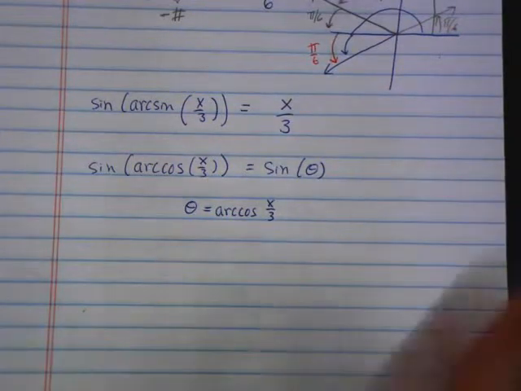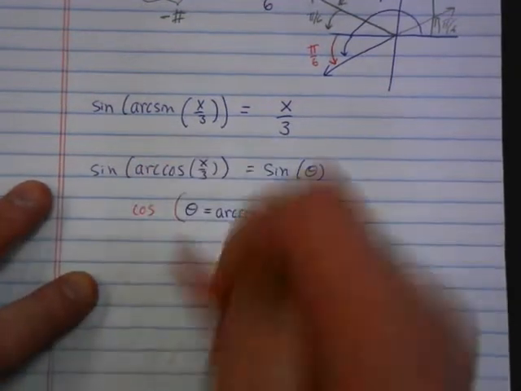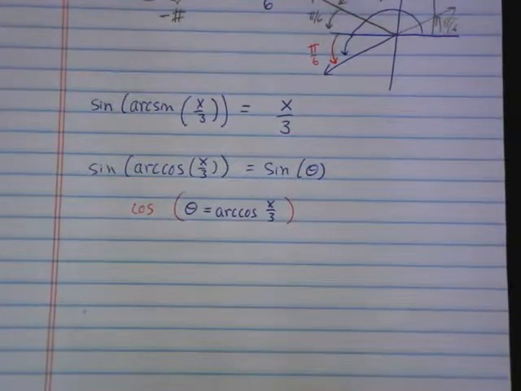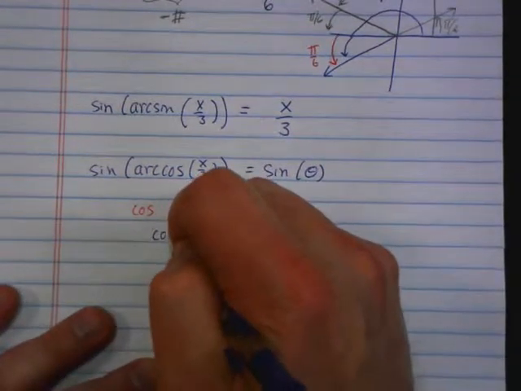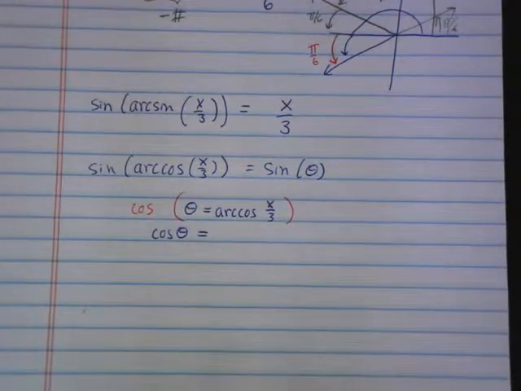I'm going to take this equation and apply the cosine function on both sides. On the left-hand side, I get cosine of theta, and on the right-hand side, I get x over 3.